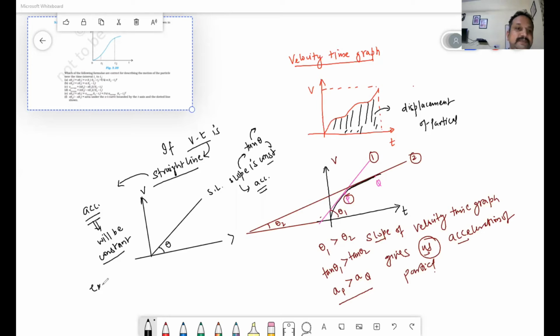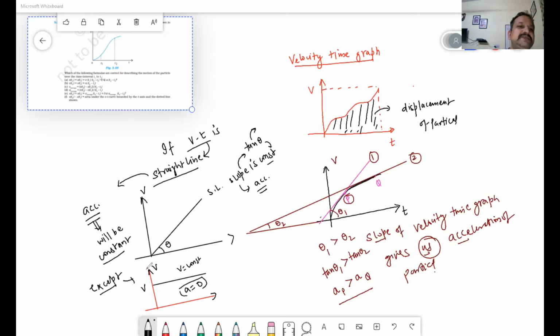except a line which is parallel to the time axis. यानी कि इस लाइन को छोड़ करके, क्योंकि अगर पैरेलल होगी टाइम एक्सिस के तो वेलोसिटी क्या रहेगी? कांस्टेंट. तो वेलोसिटी कांस्टेंट है तो it means acceleration is zero.